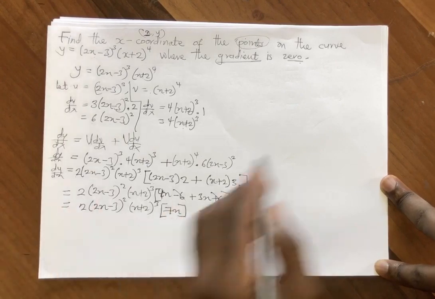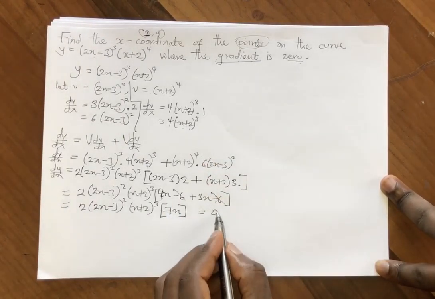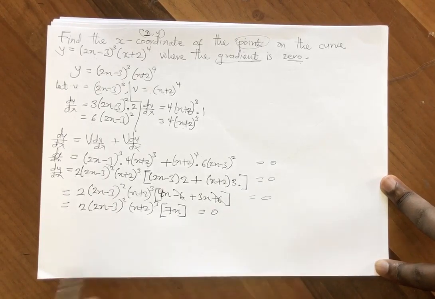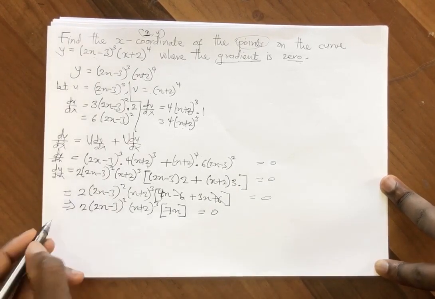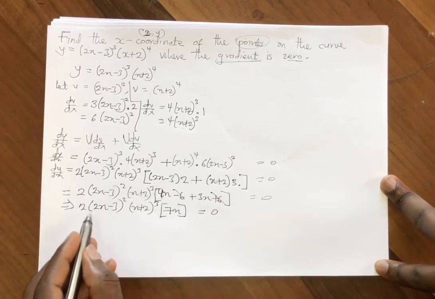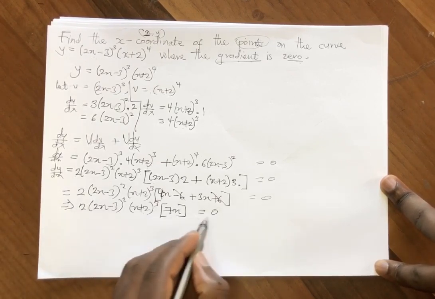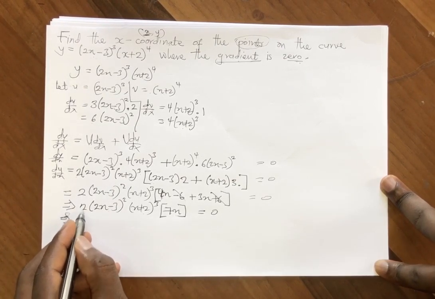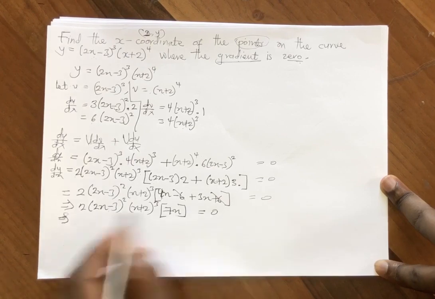Or equals 0. Why is it equal to 0? Because they said the gradient is 0. Of course, you could have equated it to 0 from the beginning, all right? It wouldn't change anything. Okay, so this is what it means. All these are equal to 0, okay? Now, this is a constant, so you can divide through by 2, all right?